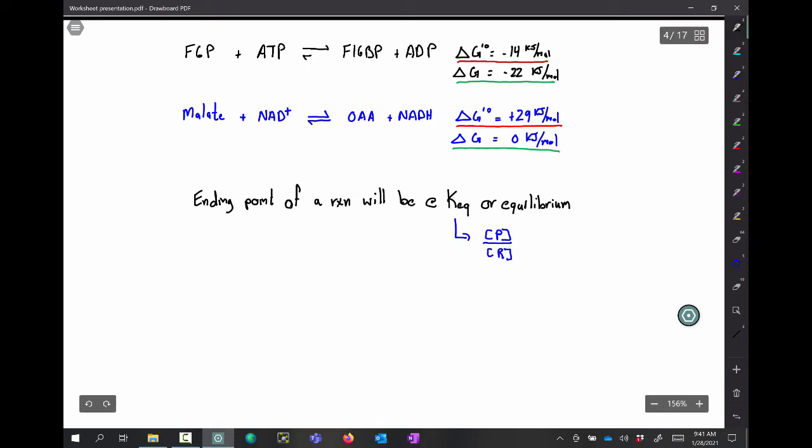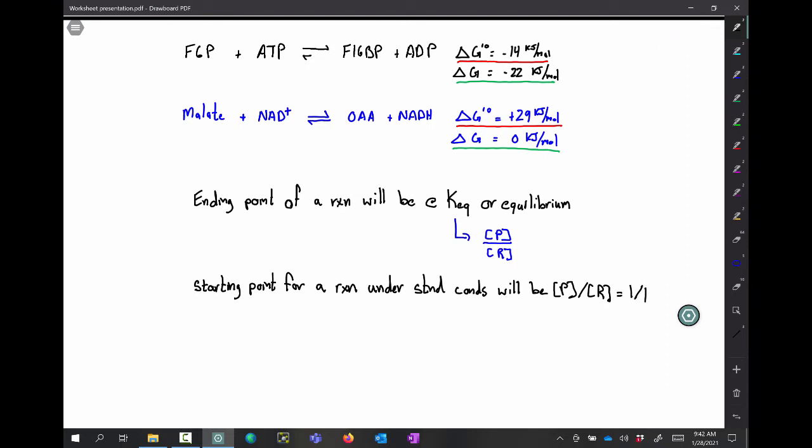We can say that the starting point for a reaction under standard conditions will be a product to reactant ratio equal to 1/1, or 1:1, meaning that standard conditions will always begin at the same place.